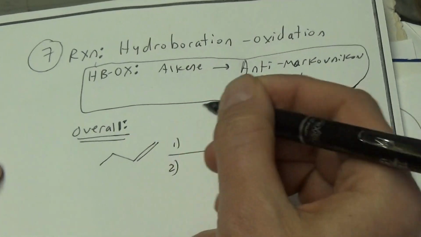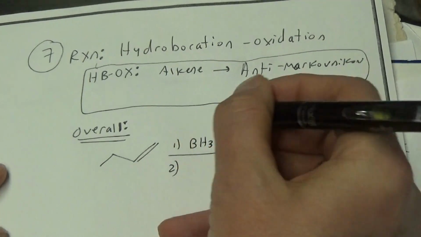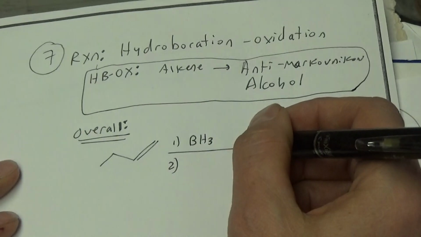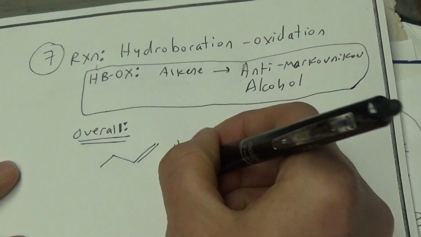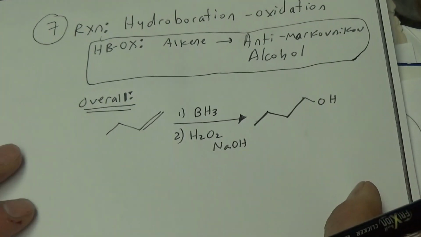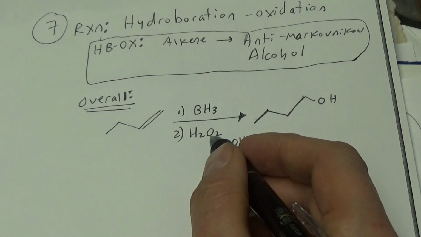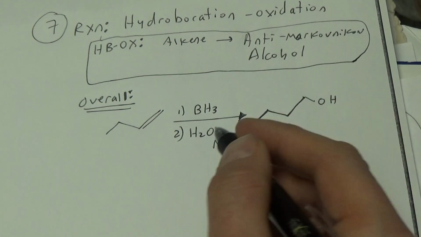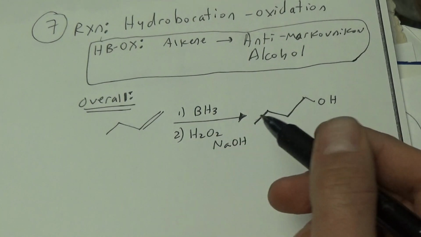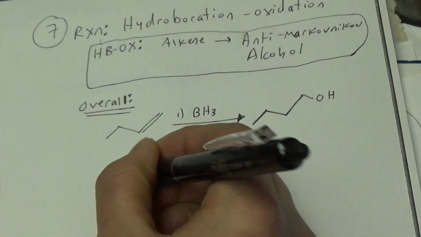This is another two-step process where the first step is BH3, borane. And the second step is H2O2, NaOH. H2O2 is hydrogen peroxide, HOOH, right? And then we use sodium hydroxide in the mix. So if we have, let's just do a couple more examples, and then I'll show the mechanism.